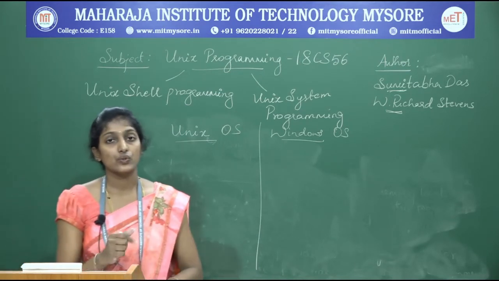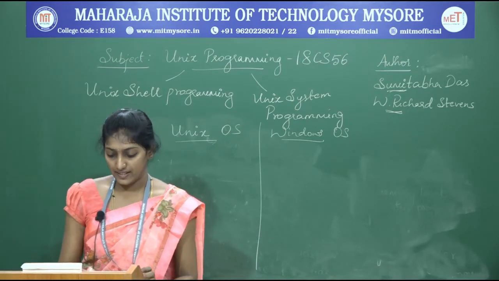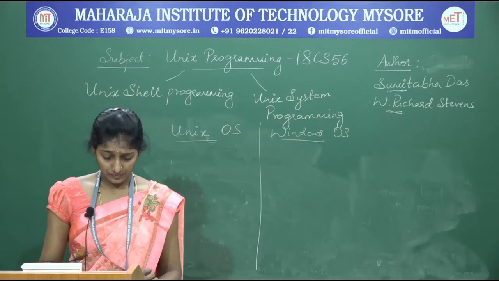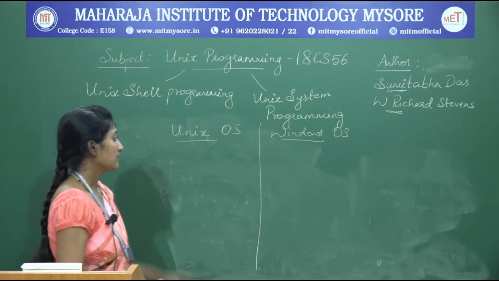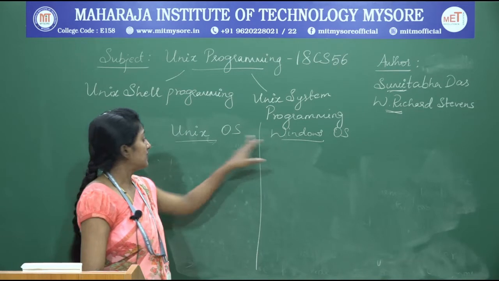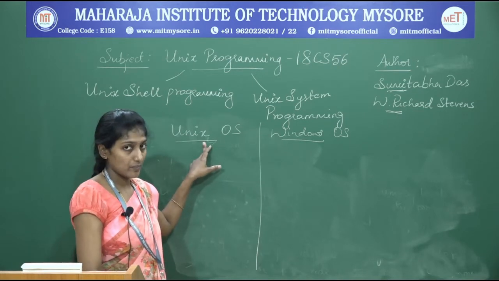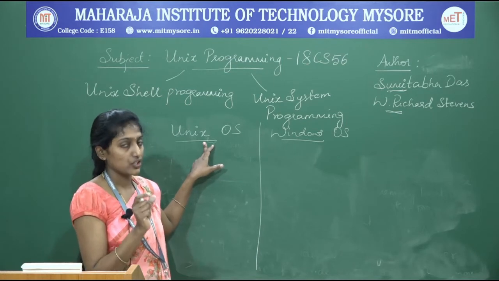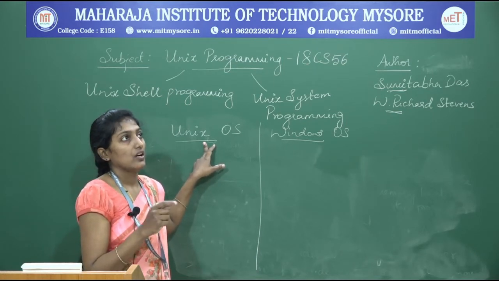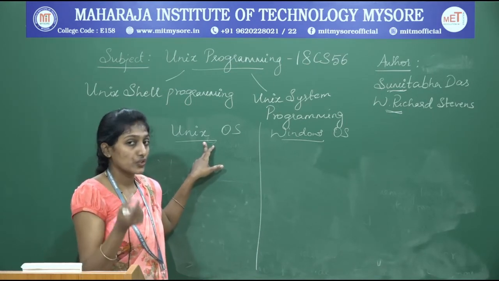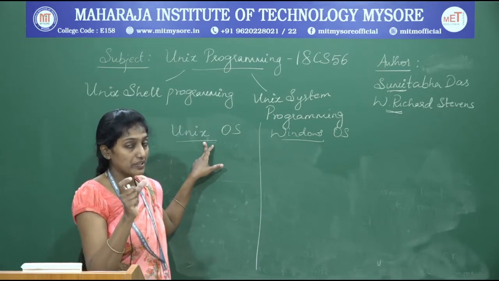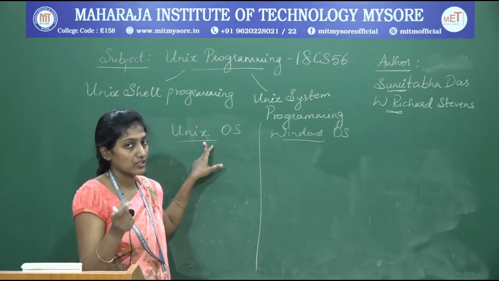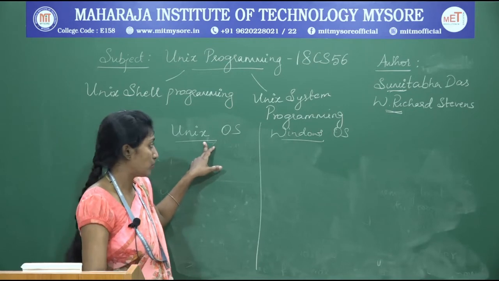So, what are the differences between the Unix and Windows operating systems? In the Unix operating system, by using a shell you are going to execute a program. How? By interpreting each and every command you have given for that particular program.